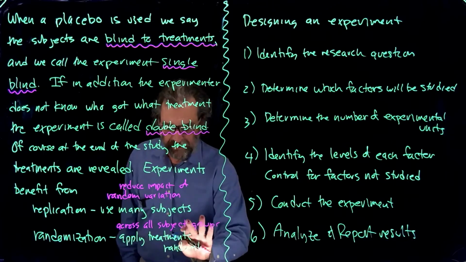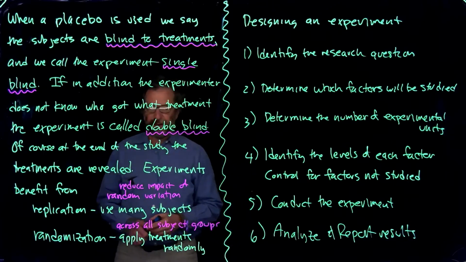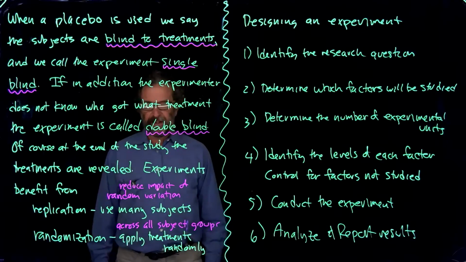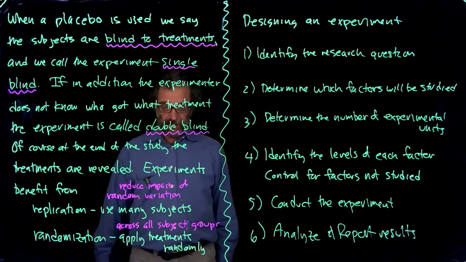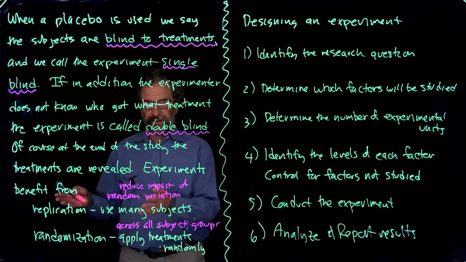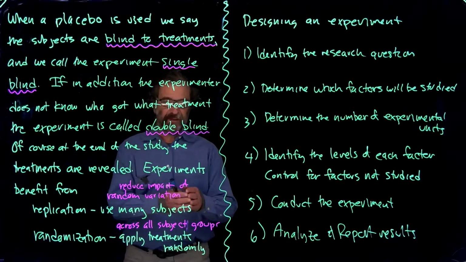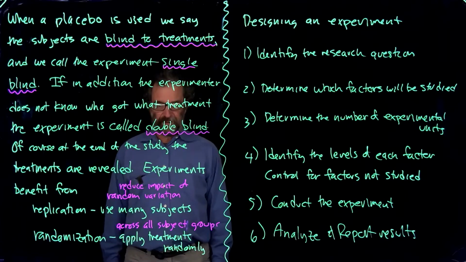So once you've identified the groups that you're going to compare, say you've decided to study heart medication, and you know men and women respond differently to heart medications, you would break your subjects into men and women. And then you'd apply the treatments, the different kinds of heart medications, randomly across that group of men and randomly across that group of women.